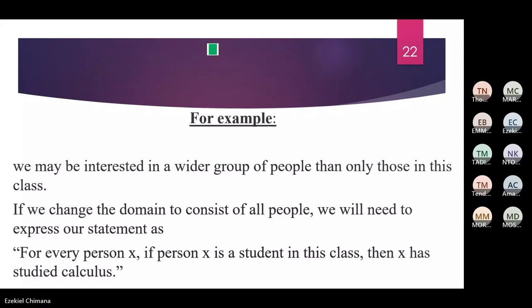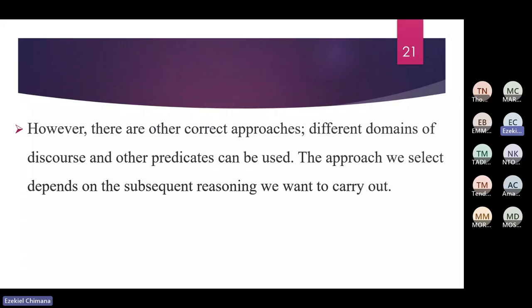So here it was just an example. She was saying that maybe we are interested in a wider group of people than only those in this class. Like we are no longer considering only those who are in that class that we are talking about.